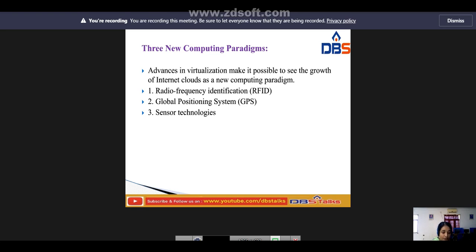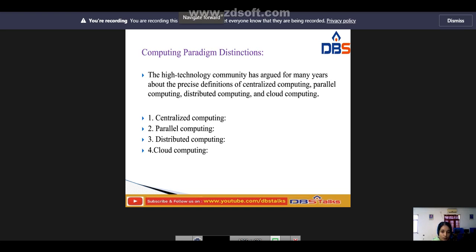The majority of radio frequency identification, global positioning systems, GPS and sensor technologies has led to the development of IoT. The internet was introduced. In 1969, Leonard Clark of UCLA declared the networks are still in infancy, but they will grow up and become sophisticated.